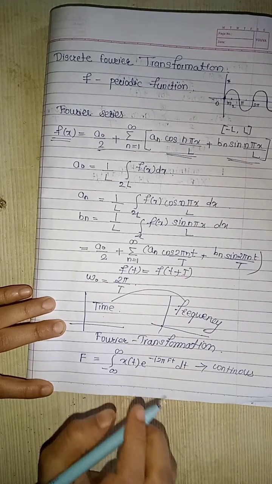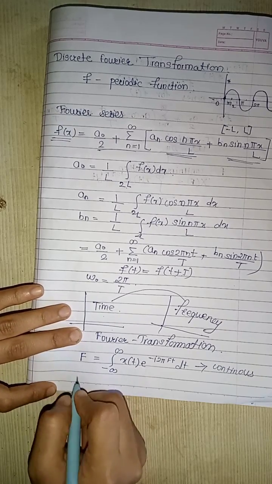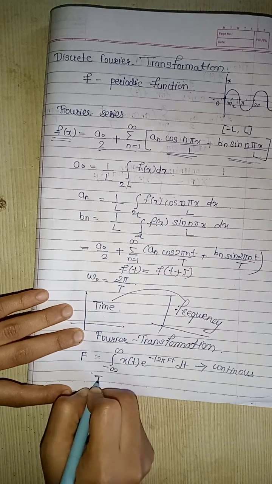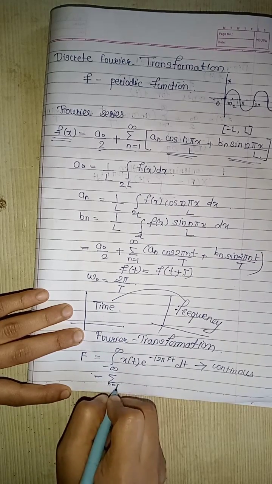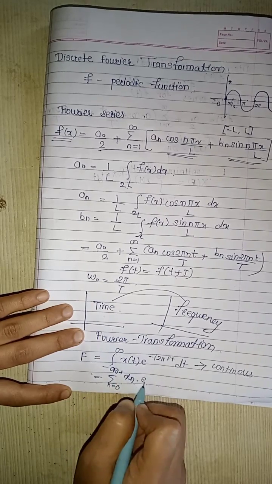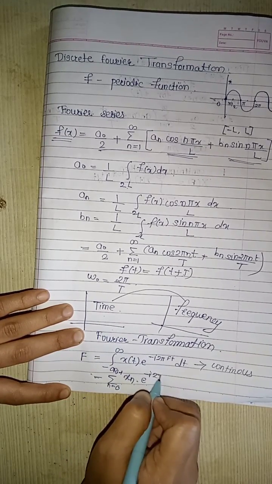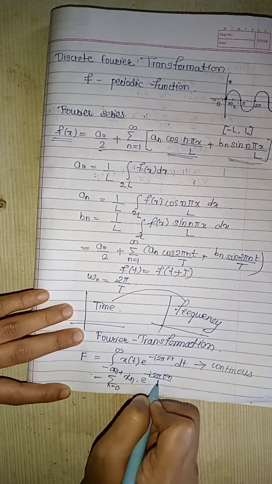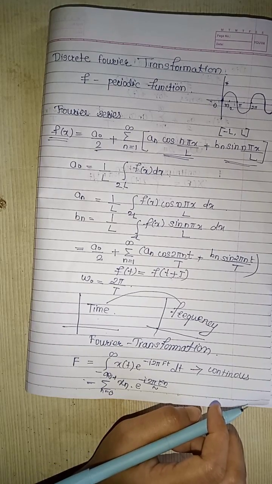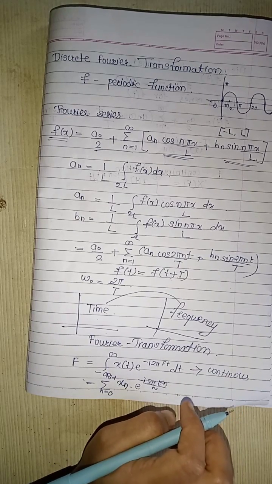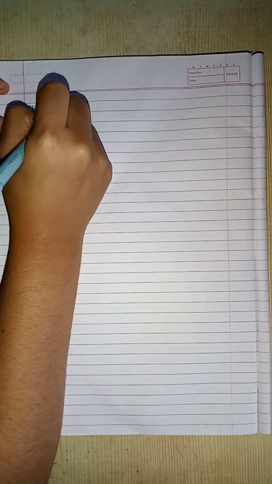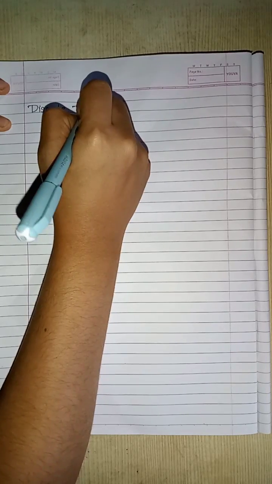Similarly, if you have a discrete function, then it is given by summation n equals 0 to N minus 1 of x of n into e raised to minus i 2 pi kn upon capital N. So this is for discrete, and the other one was for continuous. So let's see what exactly the discrete Fourier transformation is.